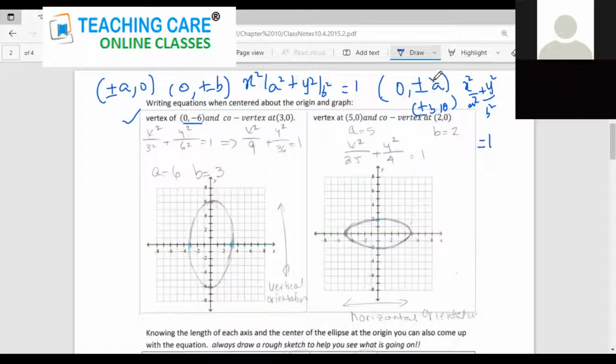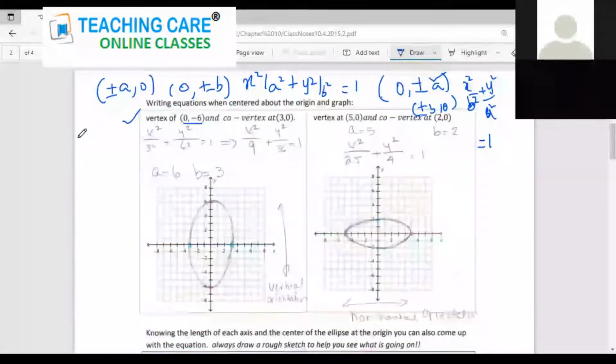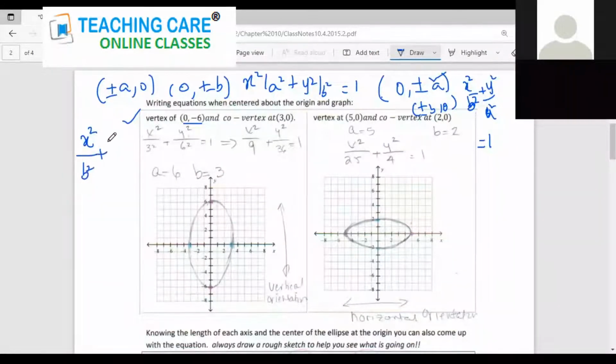Sorry, I wrote it wrong: x squared over b squared, y squared over a squared. The co-vertex is plus or minus b comma 0, so it is the second form, x squared over b squared plus y squared over a squared equals 1.